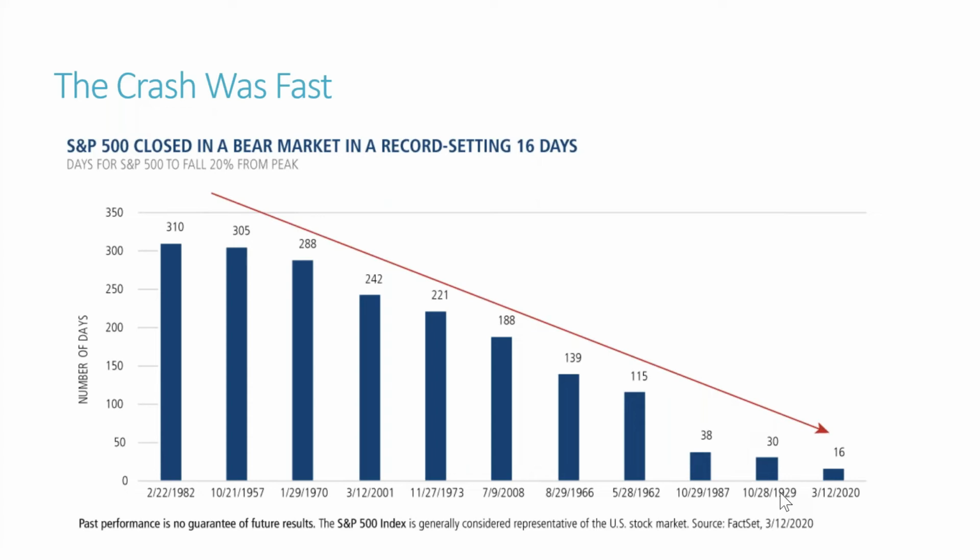So 16 days it took from the February 19th peak, sorry, to that 20% drop when we entered the bear market. It took 16 days, so a very short time period for that to happen. The quickest on record. So this is one that's going to go down in the history books.